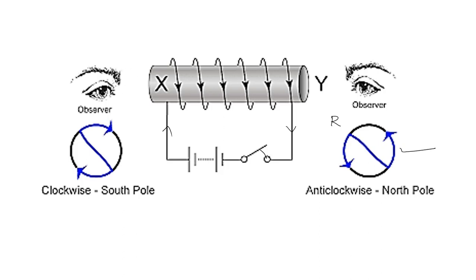And if we see from the left side, the direction of current is clockwise, so it will form a south pole. So when current is passing through a solenoid, if the observer is towards the right side, it will form a north pole, and at the X side, the left side, it will form a south pole.